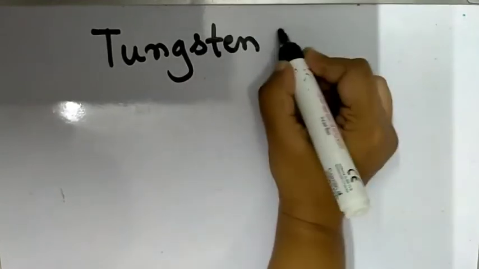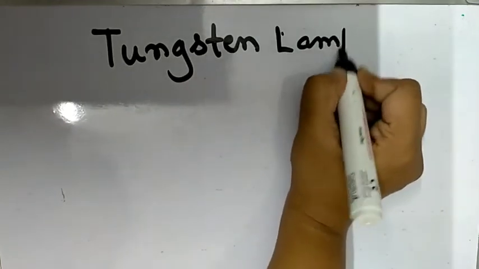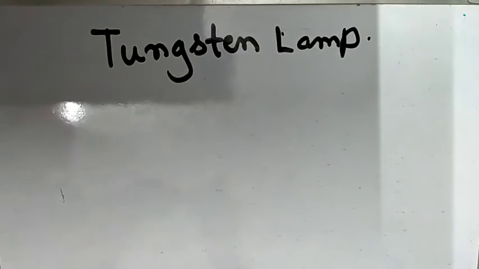Tungsten lamp. Okay. Now it has been observed that a black body is the most efficient radiator as it emits energy at every wavelength. A black body when heated to 6250 degrees centigrade, it emits its maximum energy with the visible spectrum.